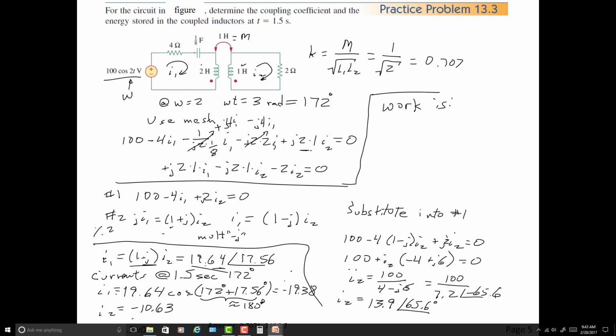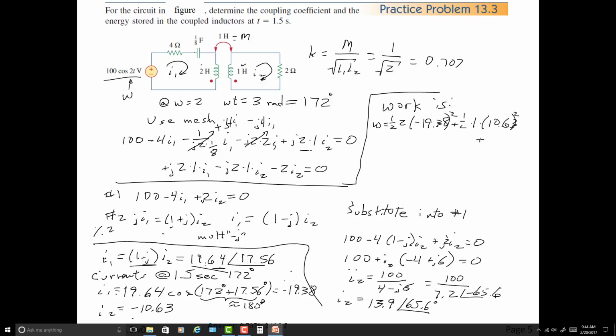It's a lot more plugging and chugging. 1/2 L1, which is 2, times, and we never worried about those minus signs, of course, because they are going to be squared, plus 1/2 L2, which is a 1, times 10.63 squared, plus our mutual term.